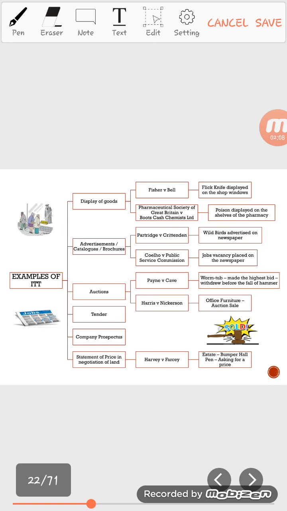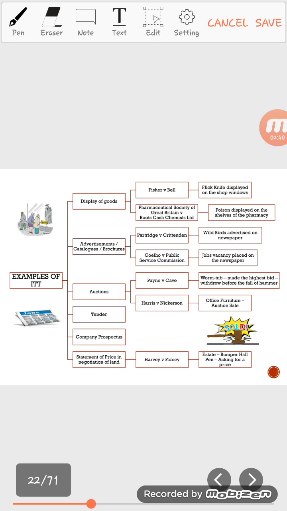In this case, it's about a pharmacy which displayed a poison, which can be considered as an offense under the Pharmacy and Poisons Act 1933. Because in this case, they just put poison on the shelf, but there was no supervision by the pharmacist.